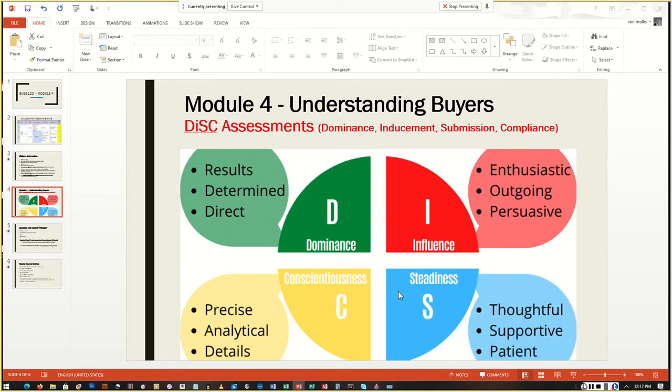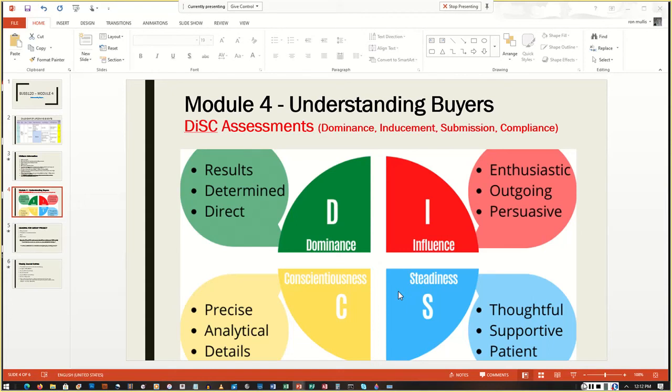To understand a buyer, it's very important to have done some research on the buyer's business, their industry, and even who their competition is. In addition to that, it's also important to understand how to tailor a presentation to the buyer's personality or their communication style.